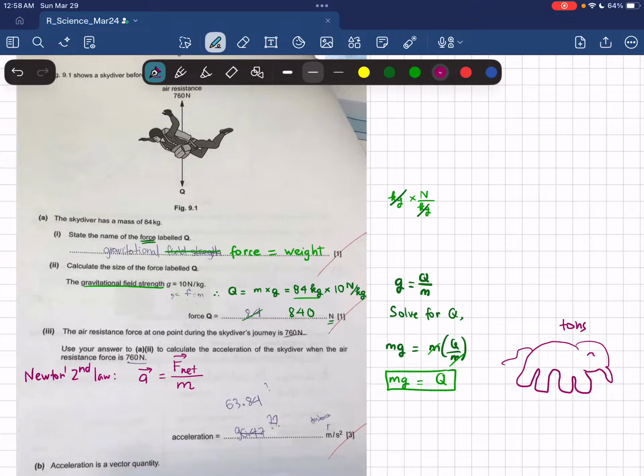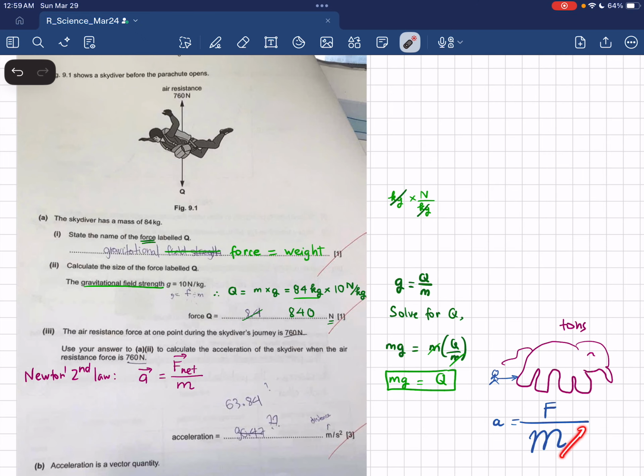If you try to push it here, like this is you, and if you try to push it, it's not easy to push it at all, right? Because if you apply an F to the elephant, but its mass is so big, then the resultant a is really small. It means that the bigger the mass, if you apply a specific amount of F, the acceleration is not that significant.